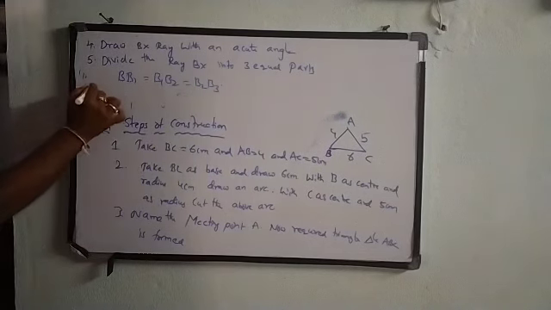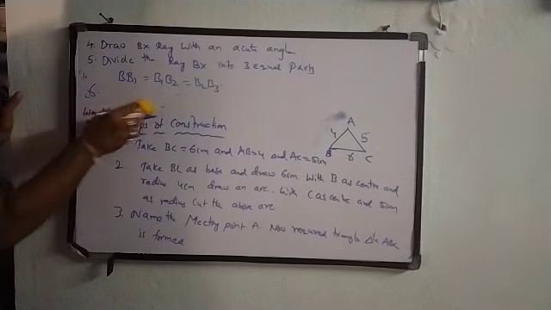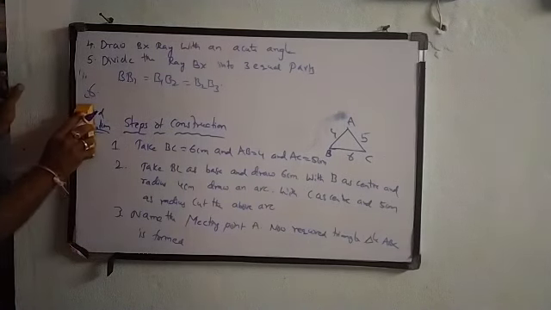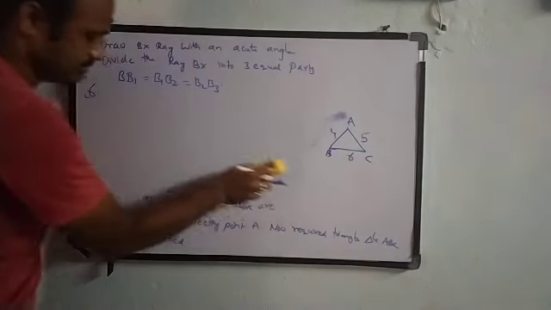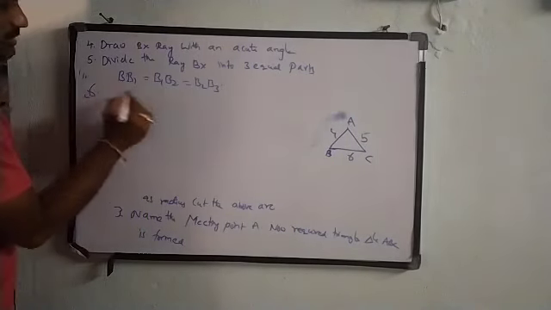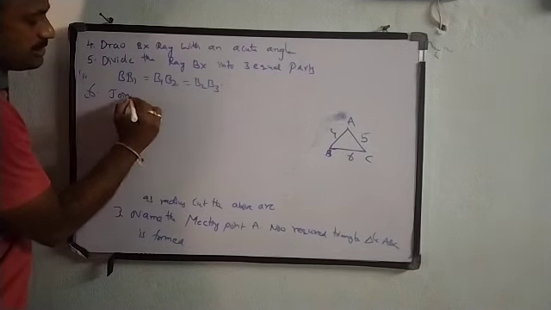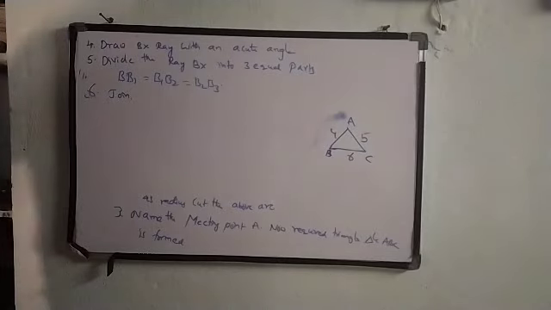So 3 equal parts we need to divide. Make a note of these steps. The 6th step is join. Till here we will draw the picture, and afterwards I will clearly explain in the figure.